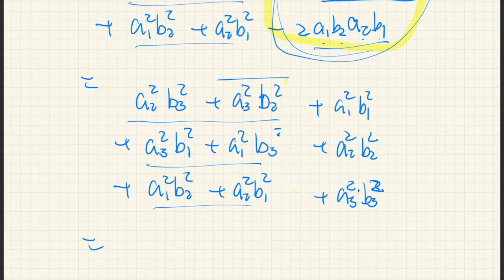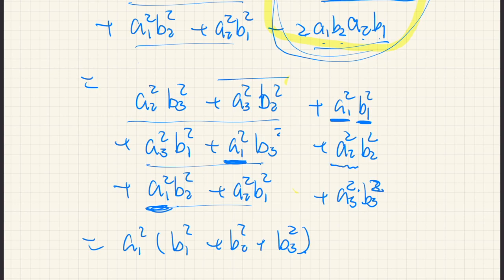How can we simplify this? We want to factorize somehow, and let's focus on A1 squared. A1 squared appears here and here, so it is involved with B1 squared, B2 squared, and B3 squared.